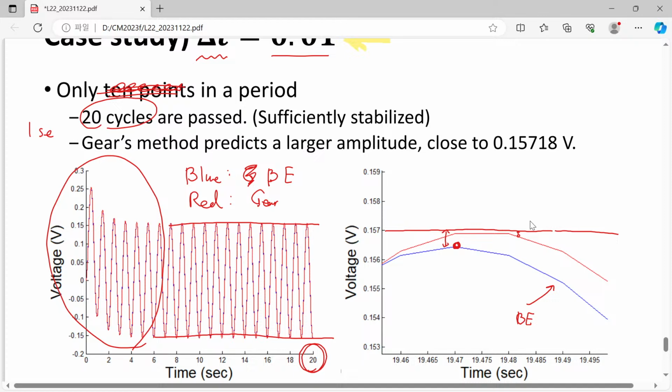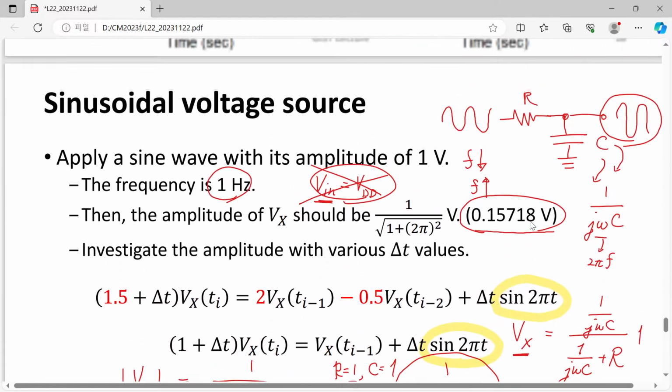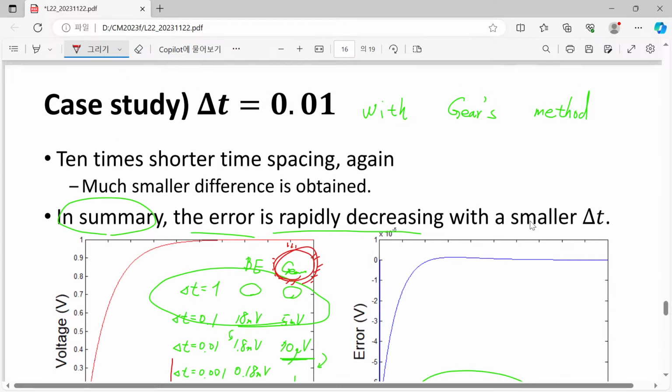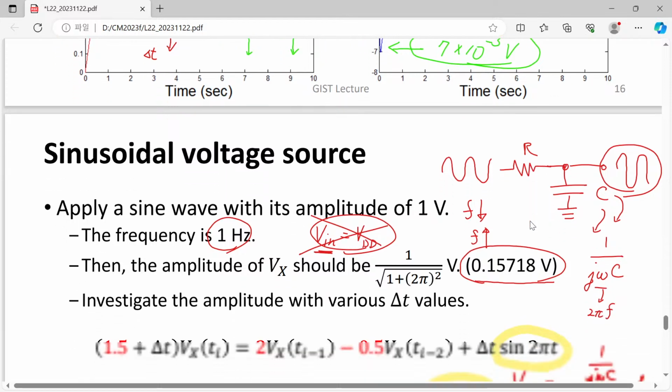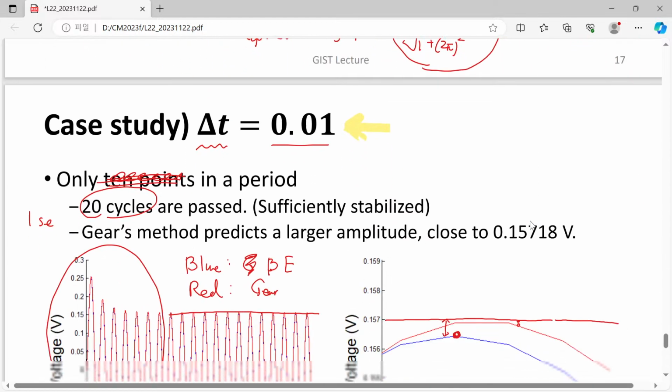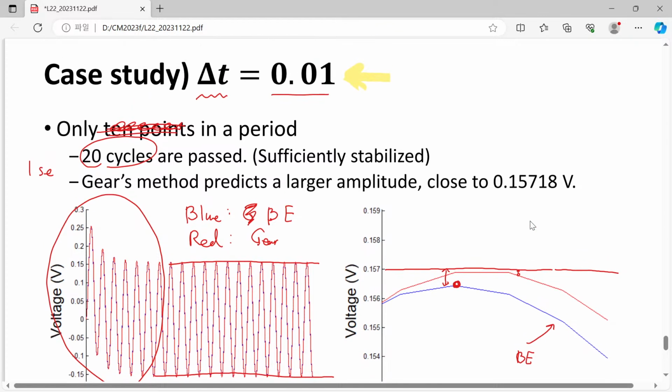So what we can observe from this sinusoidal case, and also from our stepwise excitation, is that if you take Gear's second order method for your calculation, you can improve the accuracy of your calculation. That is the main message I wanted to deliver to you in today's lecture.